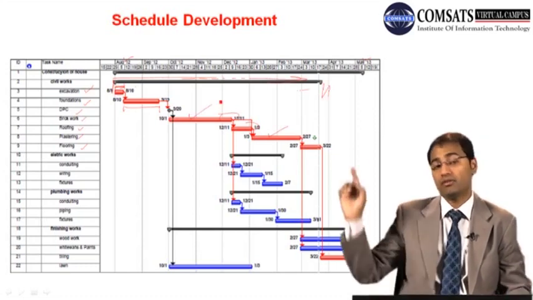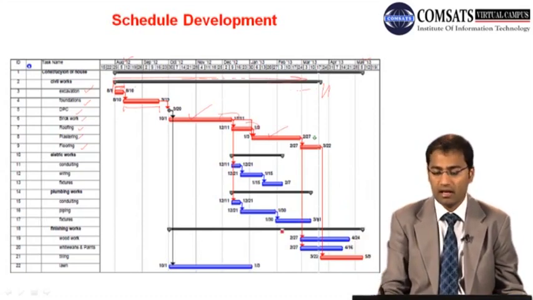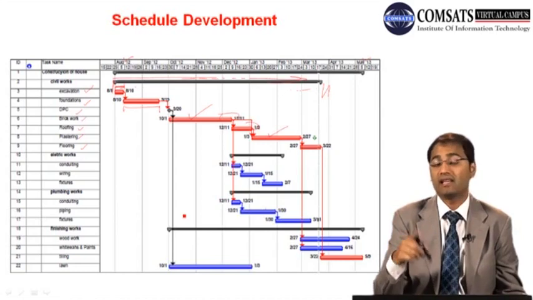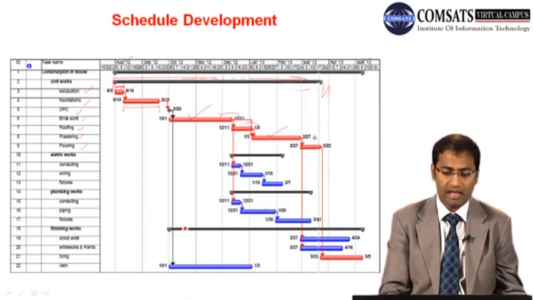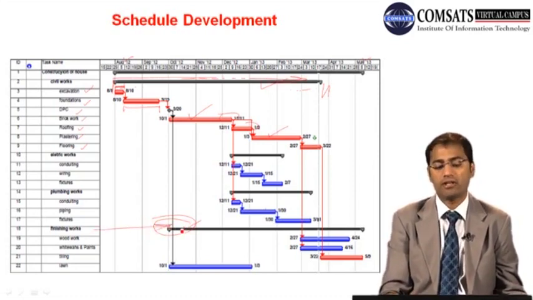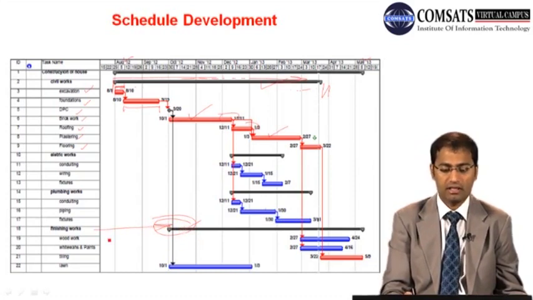And the bars which are shown over there in red are on the critical path, whereas the bars in blue are normal or non-critical activities, non-critical path activities. So there is a difference between critical activities and critical path activities, and then these bars are summary bars. Now this bar is showing this work package, finishing works, and these are activities.